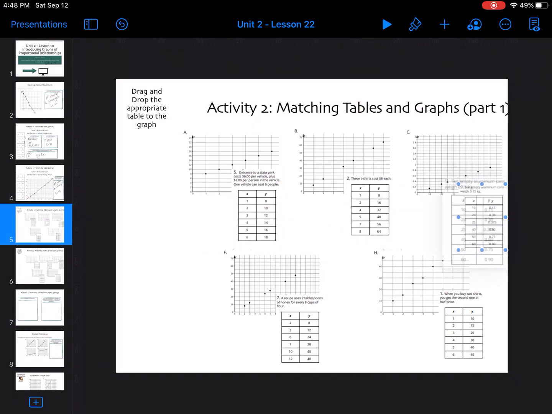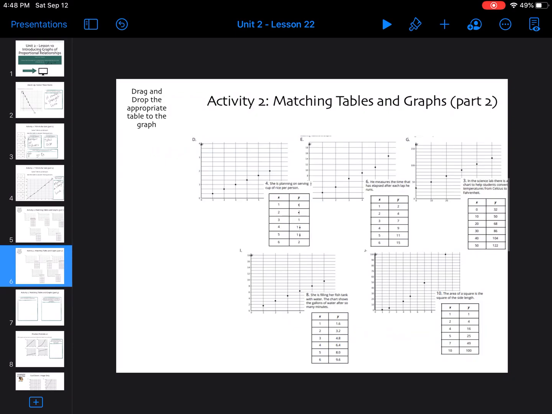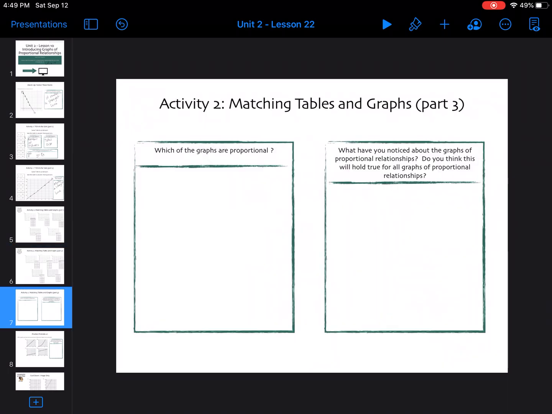Well, I know it's not C. And I know it's not H. And I know it's not J. So, which graphs?